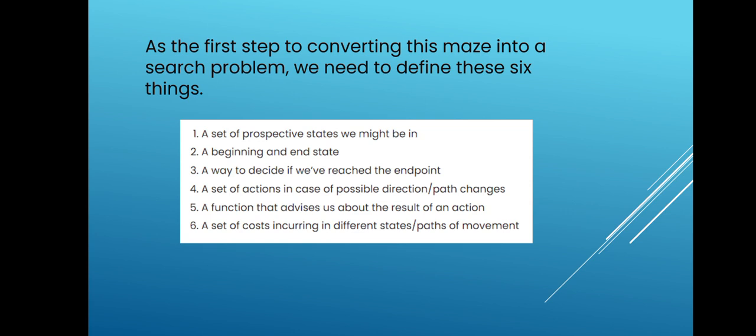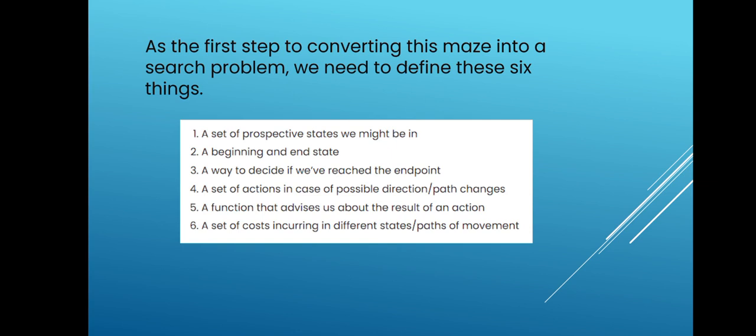As the first step to converting this maze into a search problem, we need to define these six things. First one, a set of prospective states we might be in. Second one, the beginning and end state. Third one, a way to decide if we reached the endpoint.